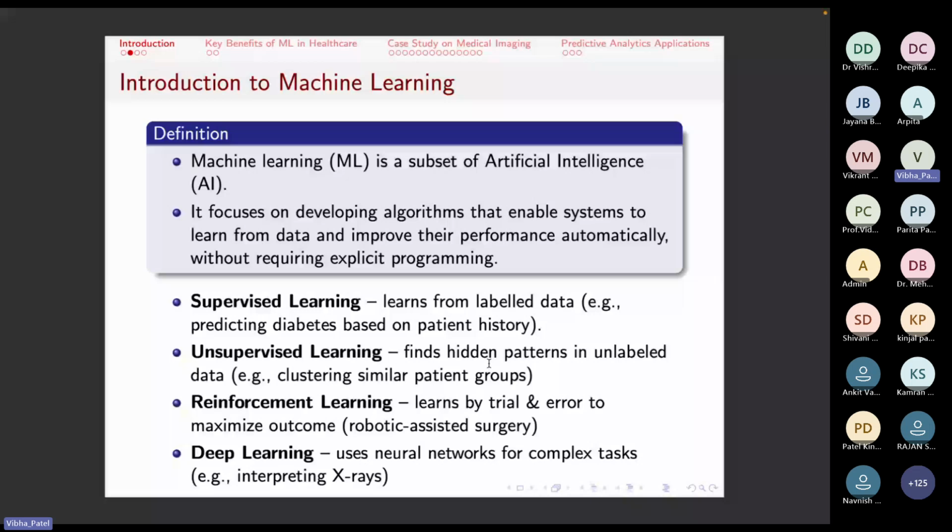Apart from supervised and unsupervised learning, there exists reinforcement learning as well, wherein the learning is through trial and error, and the objective is to maximize the outcome.